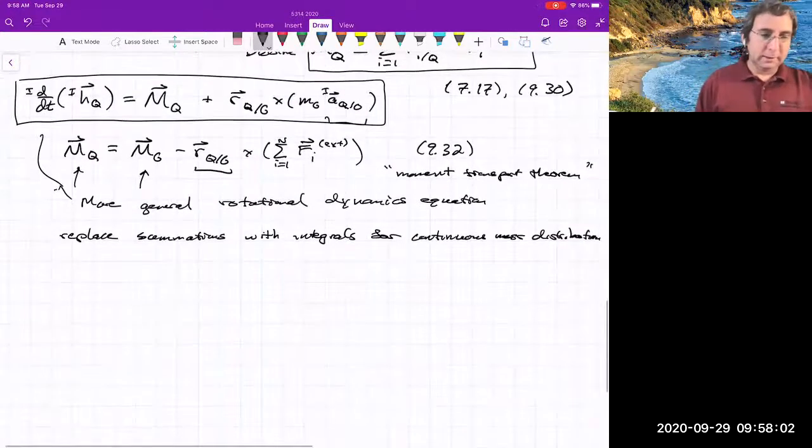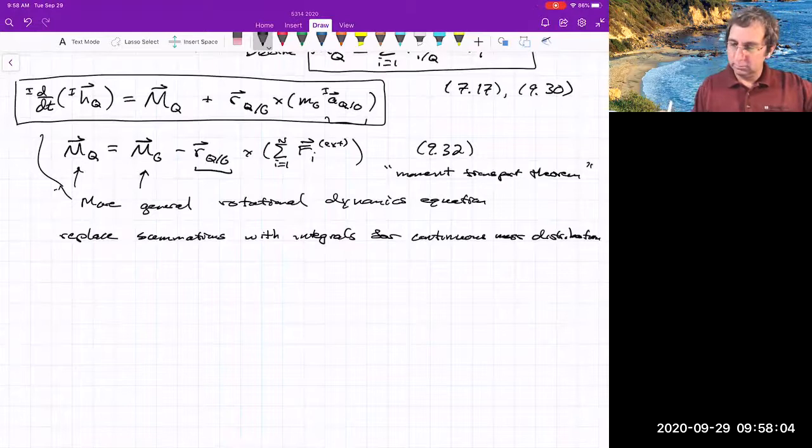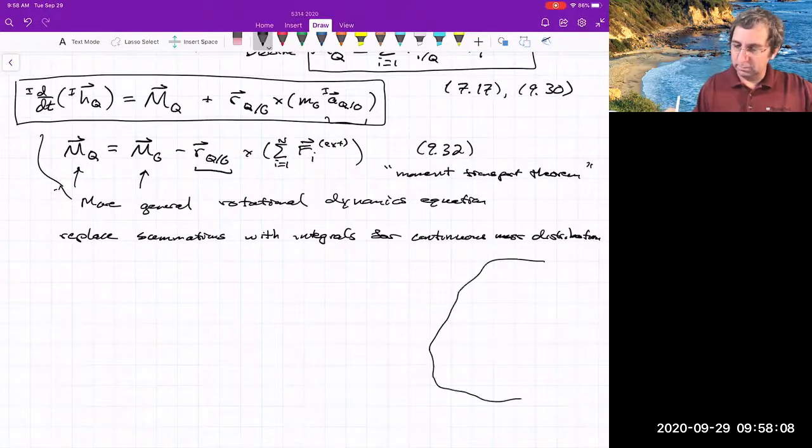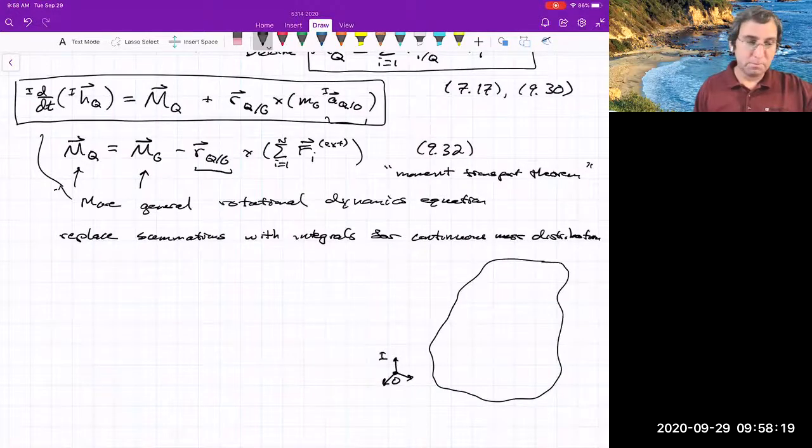So let me draw my arbitrary rigid body. Here's the arbitrary rigid body. Here's an inertial frame with an inertial origin O. And I don't know, there's a center of mass somewhere.